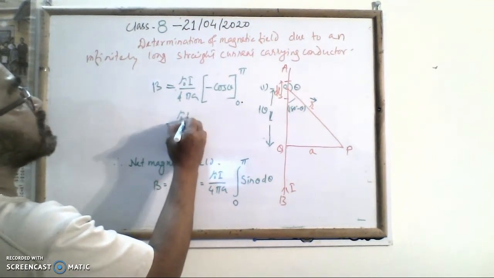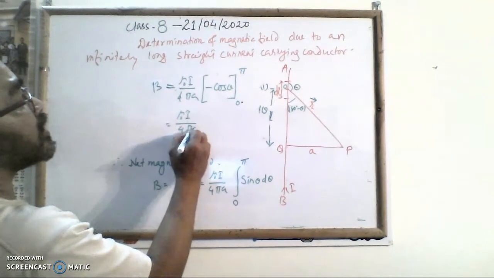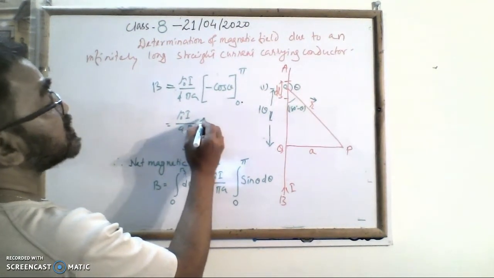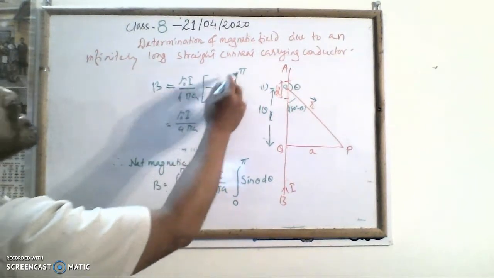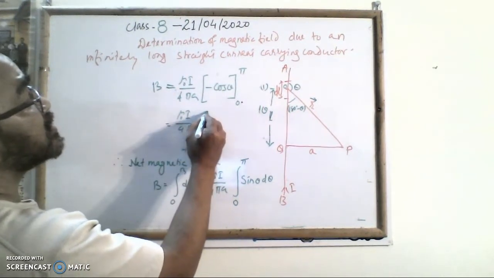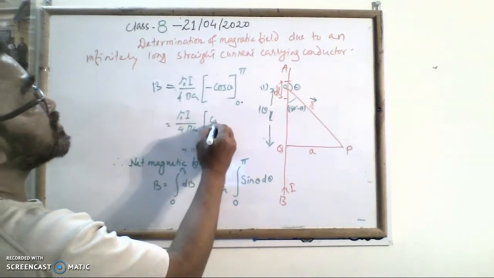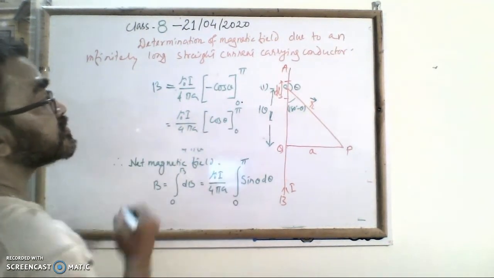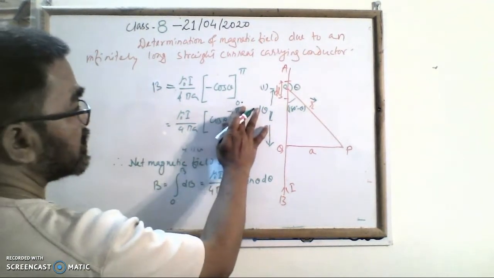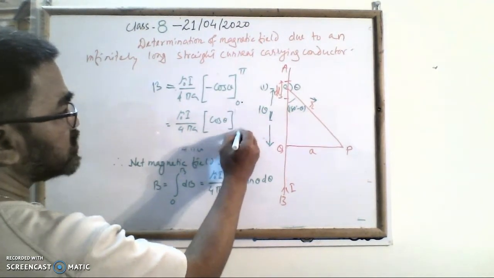If you change the limits, then the minus sign will become a positive sign: cos theta, changing the limits, pi to 0.